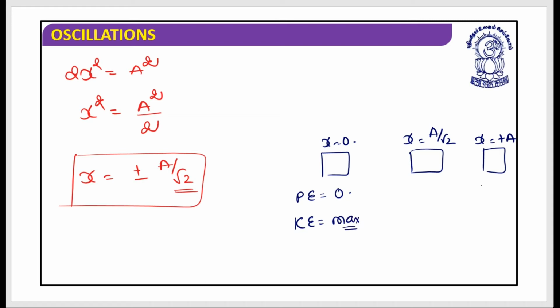At the extreme position, kinetic energy will be 0, but potential energy will be the maximum. But at the x equals a by root 2 location, potential energy and kinetic energy would each be 50% of the total energy. Yes, I hope this is clear. This is the location where potential energy and kinetic energy would be equal. I hope this is clear.